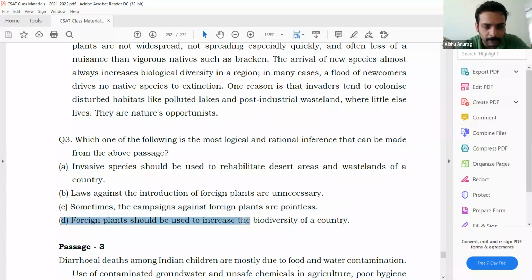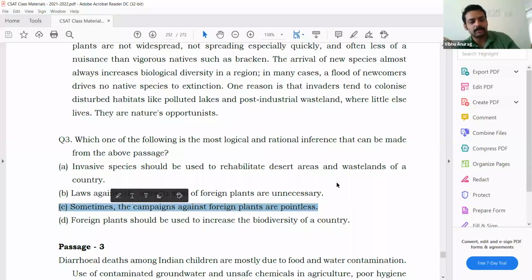D says foreign plants should be used to increase the biodiversity of a country. Now, it is mentioned here that these new species do increase the biodiversity, but it's not given that these foreign plants should be used for this purpose. No such suggestion has been made. So, D is also wrong. C is the closest one.